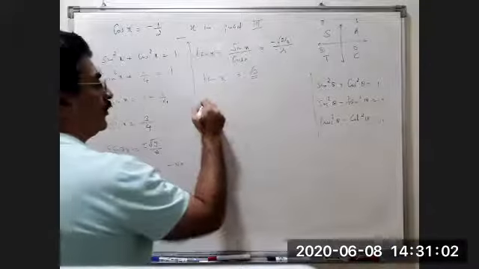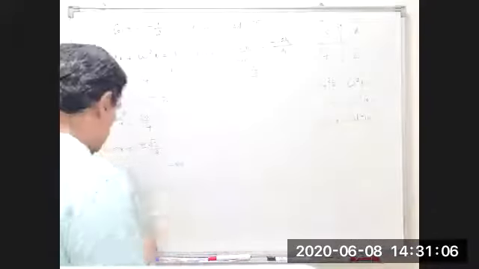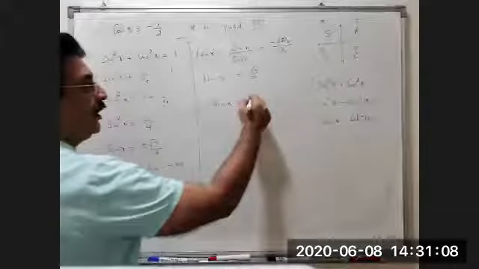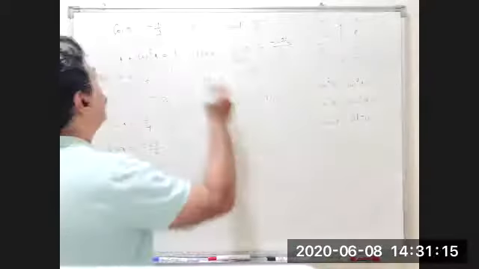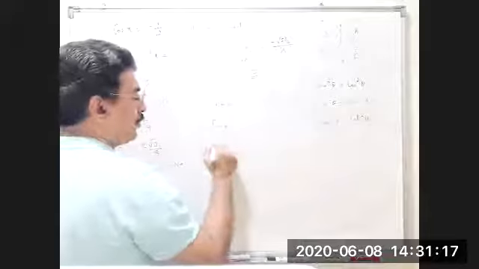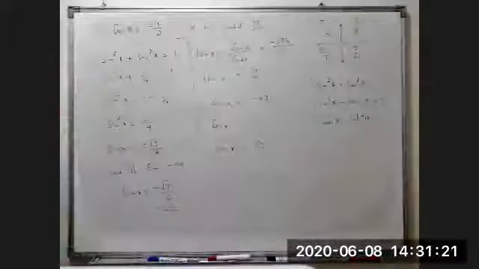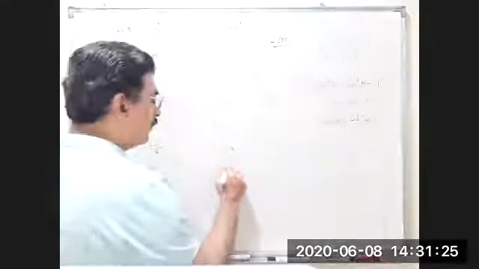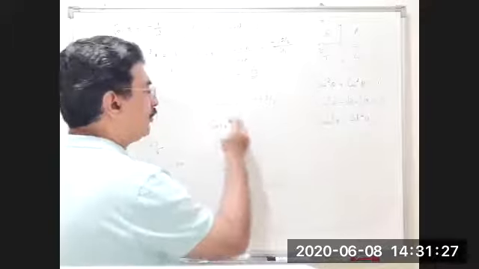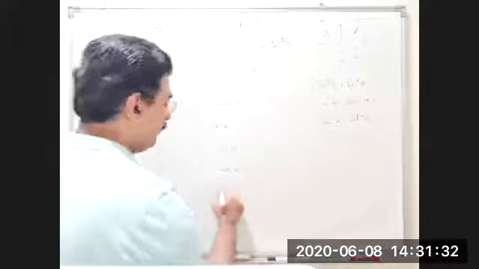Therefore, write everything. Sin x is minus root 3 by 2. Cos x is already given, minus 1 by 2. Tan x is root 3. Once we write sine, cos and tan, then cosecant is the reciprocal, minus 2 by root 3.